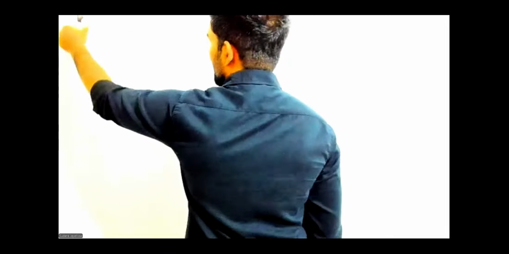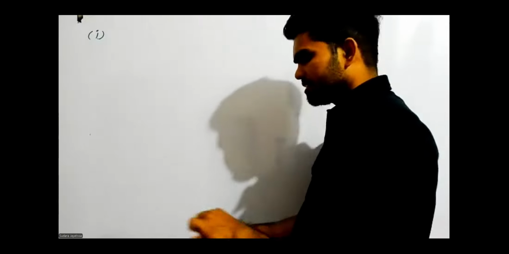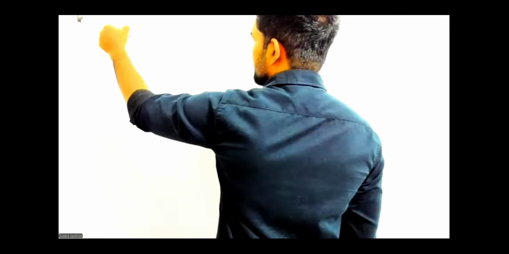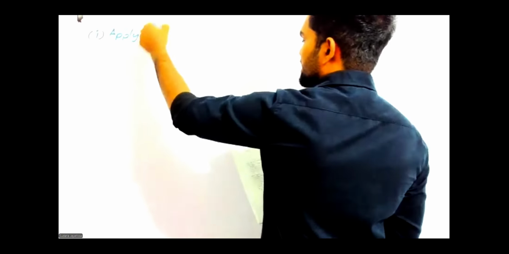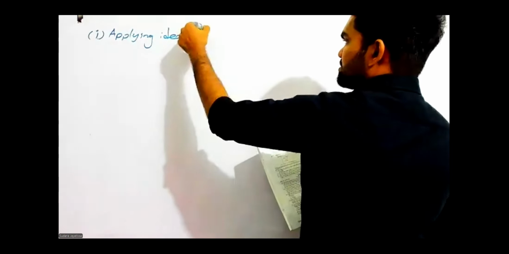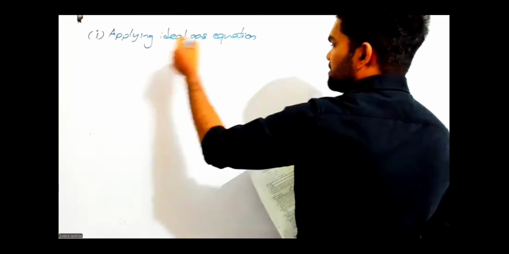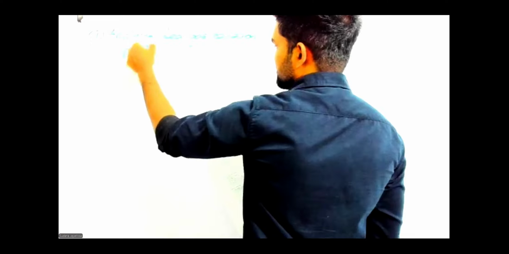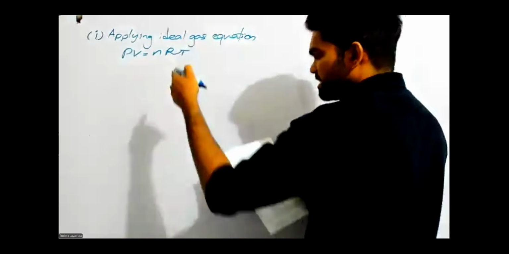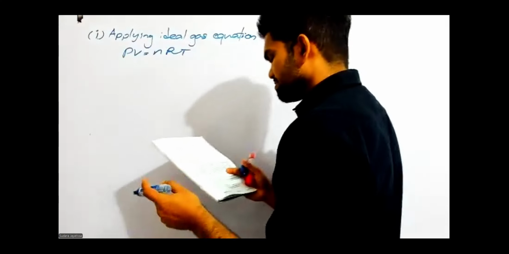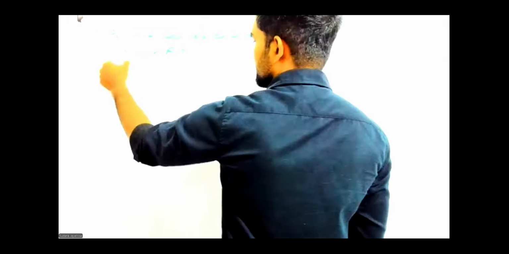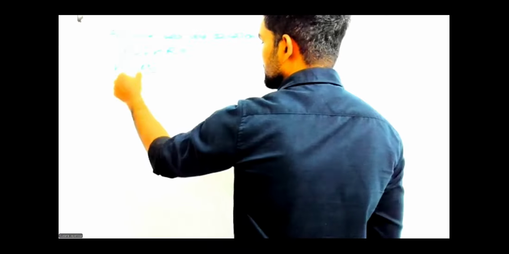Okay, so let's do the first part and see what answer we can get. You have to say, applying the ideal gas equation, or you can simply say PV = nRT. They will give some marks for the equation too. Later we will check the answers. We need moles, so I'm going to make n the subject because it's easy to write that way.